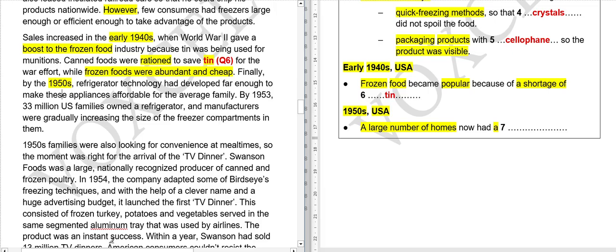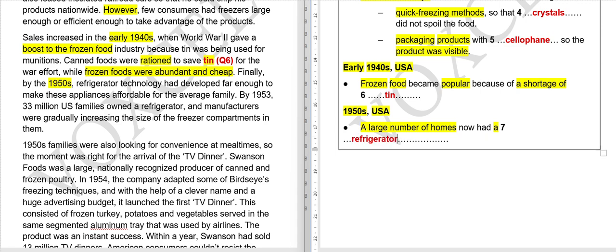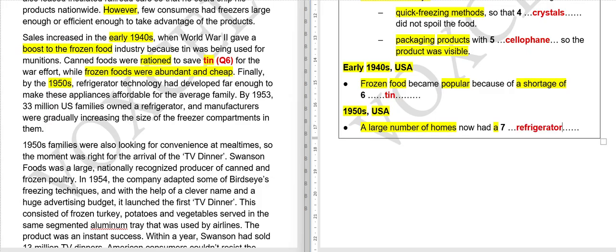So here they are saying a large number of, okay, first let me write the answer here. Our correct answer is refrigerator.